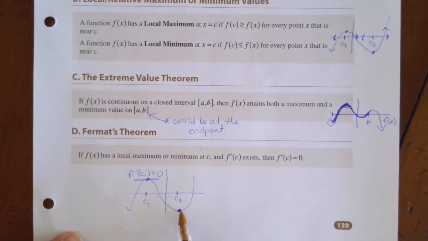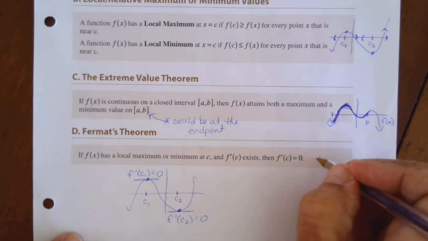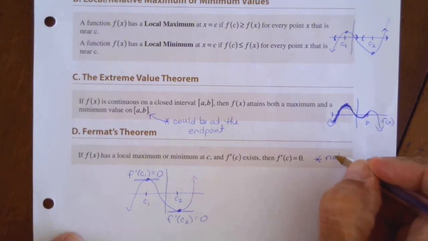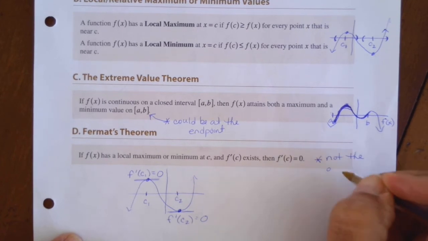As long as I know that's the minimum and I can find a derivative, then I know the derivative of that tangent line, so f prime of c2 must also equal 0. Now, the most important thing about this theorem is you can't go backwards. You can sometimes, but not always. So I'm going to put another asterisk here and write: not the other way around.